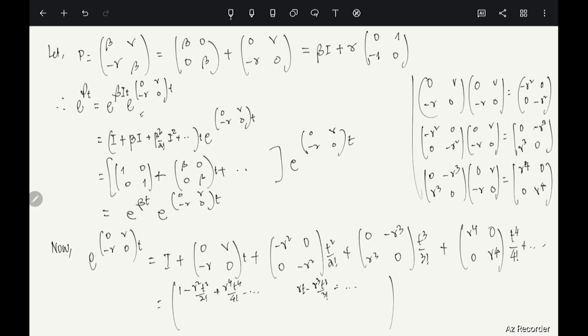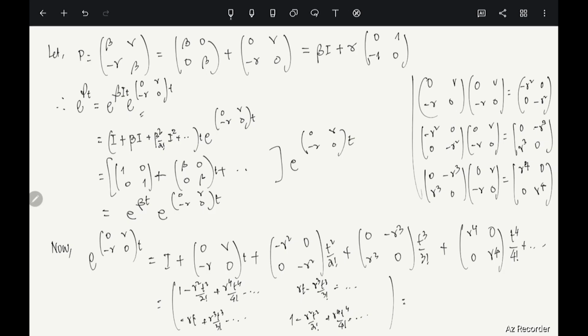What about the 2 1 term? It is minus gamma t, plus gamma cube t cube by 3 factorial, and it goes on like this. And the 2 2 term is 1 minus gamma square t square by 2 factorial plus gamma to the power 4 t to the power 4 by 4 factorial, and it goes on like this.